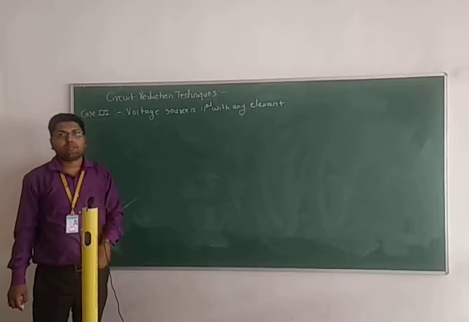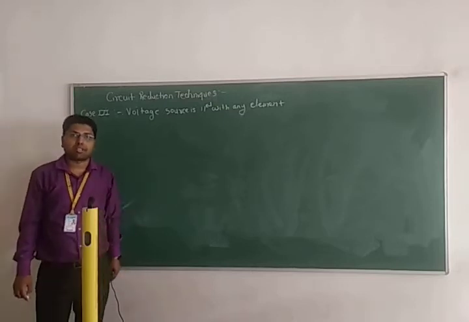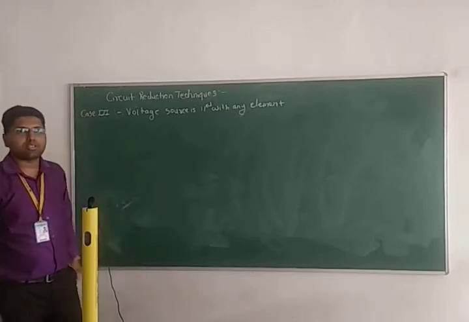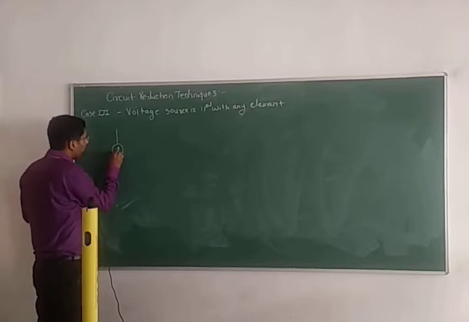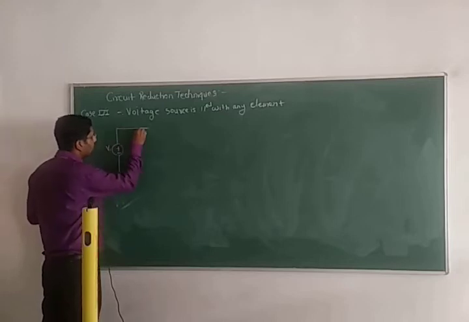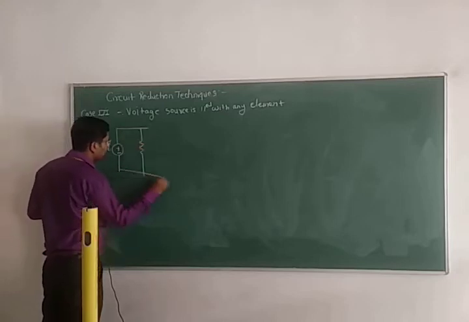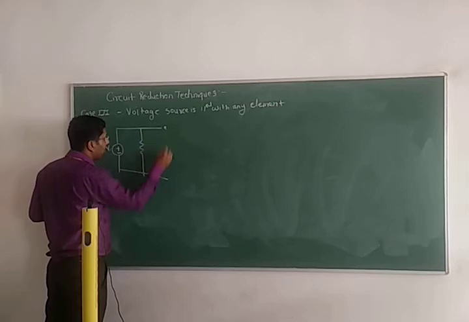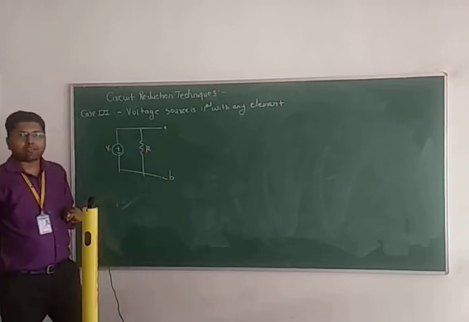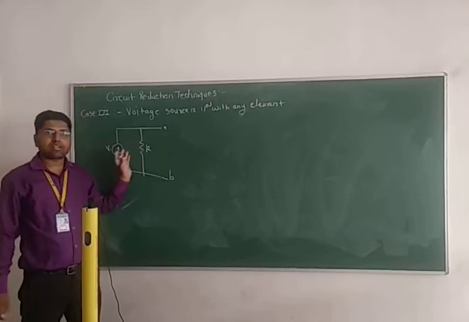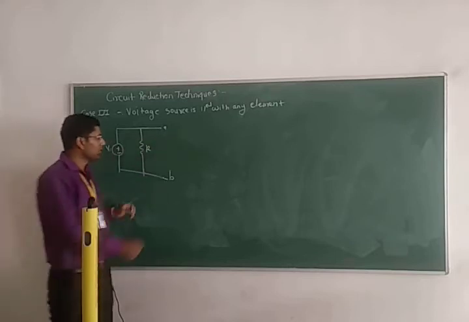So at that time we have to study how to solve that circuit, how to reduce that circuit. I am writing here V1. Suppose I take this V only, and this is the resistance R, and here is A and B, R. So what is the equivalent circuit of this? What is the reduction of this circuit that we have to see?